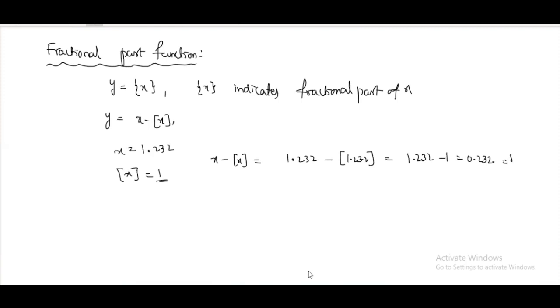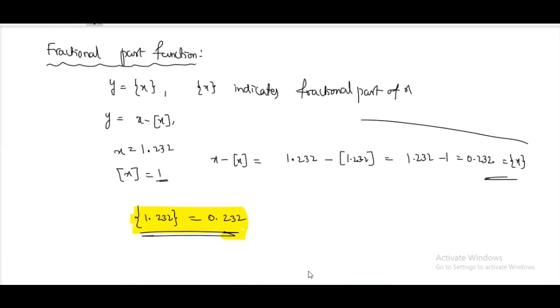So if I substitute 1.232, I get the output 0.232 only. This is how we understand the fractional part function.